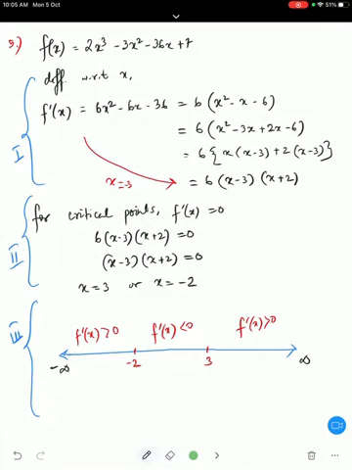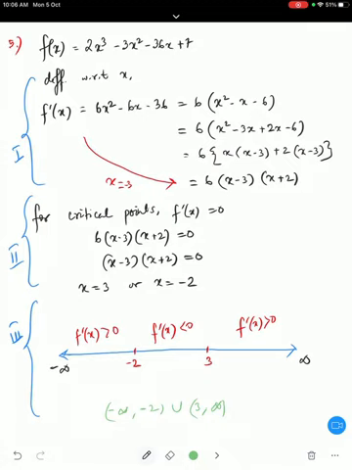Then 3 comma infinity. So these are the intervals in which the function is increasing, right? Yes or no? But in order to write this one together, what do I do? I use the union sign. Am I clear? Union sign I use in order to write these two together. Clear?